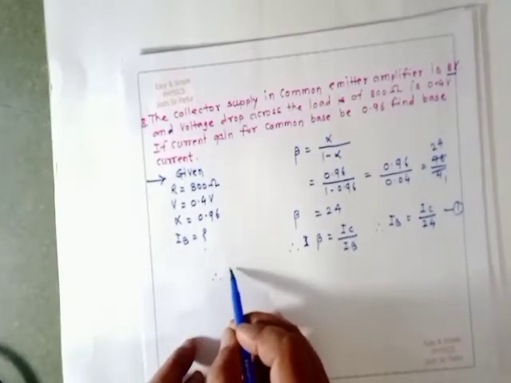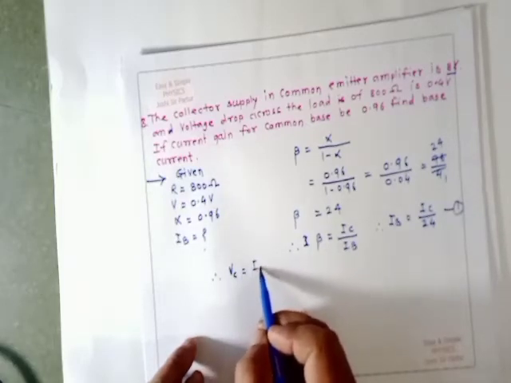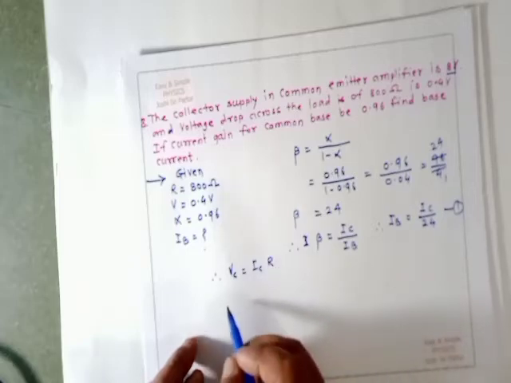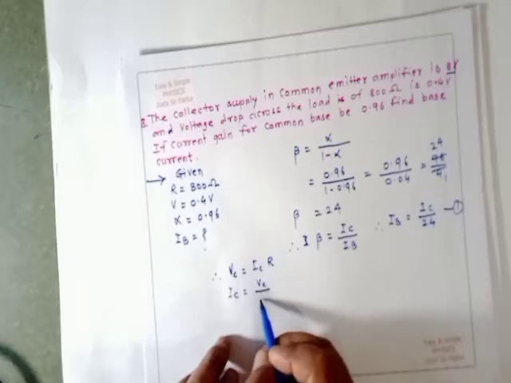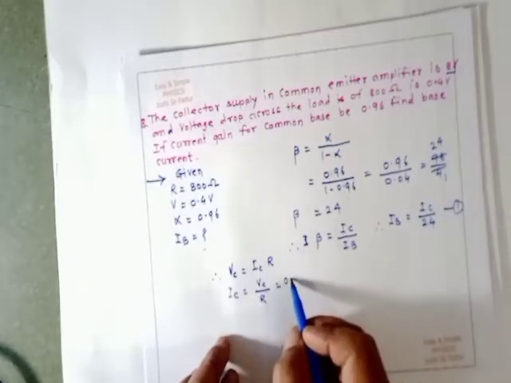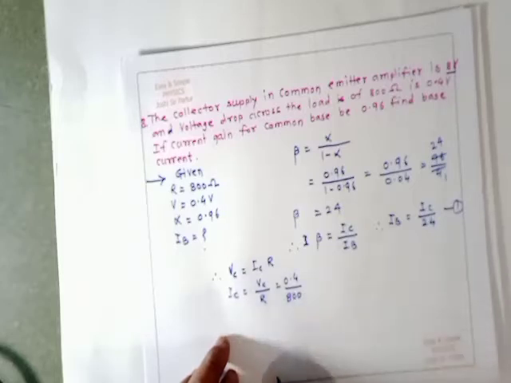Therefore the voltage drop across the collector is equal to the current in the collector multiplied by resistance. So IC is equal to VC upon R. That will be 0.4 upon 800.